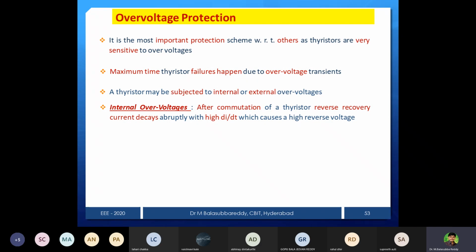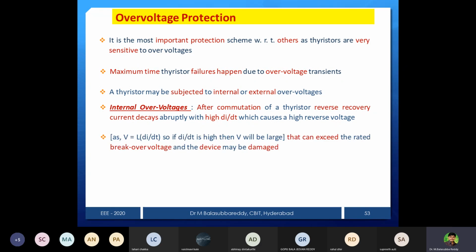The current also drops down to remove the excess charged particles from the outer junction. In that portion there is a high di by dt which causes a high reverse voltage. That is the reason a spike is obtained in the voltage across the device.